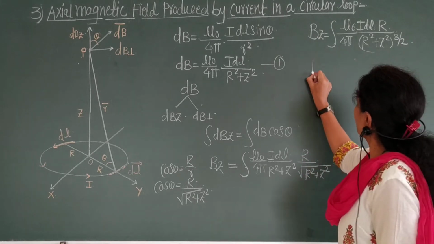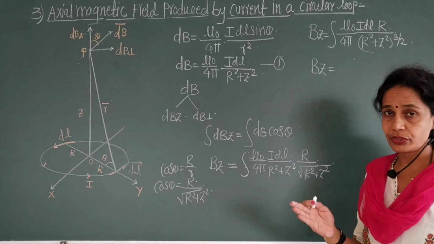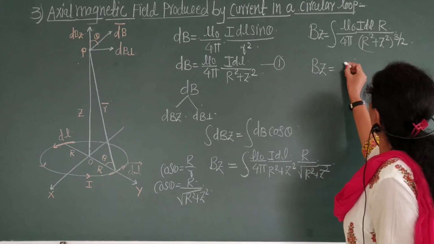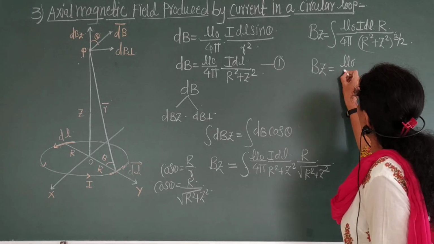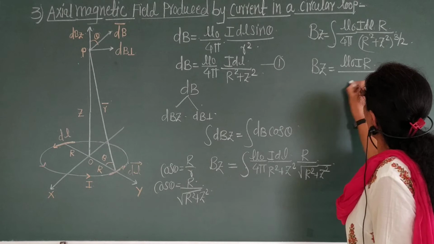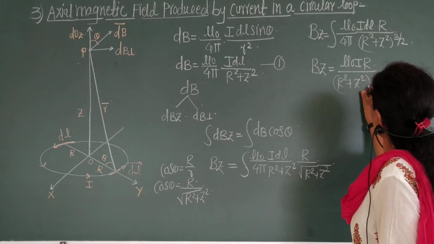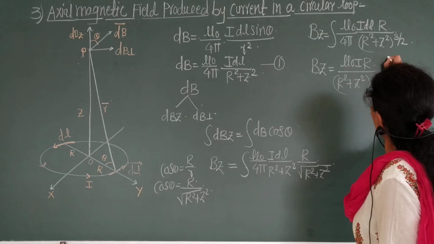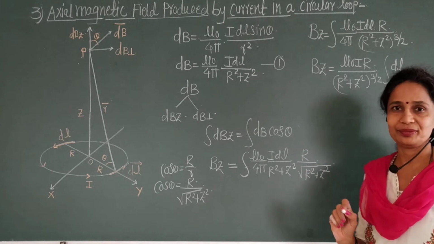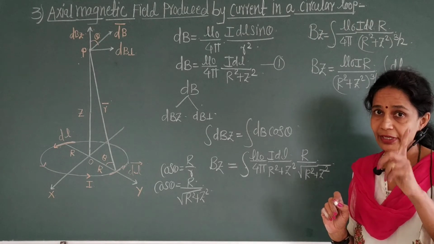Therefore Bz is equal to, take the constant terms outside the integration. Therefore mu 0 I capital R upon R square plus z square raised to 3/2, integration of dl only, because dl is the variable term.